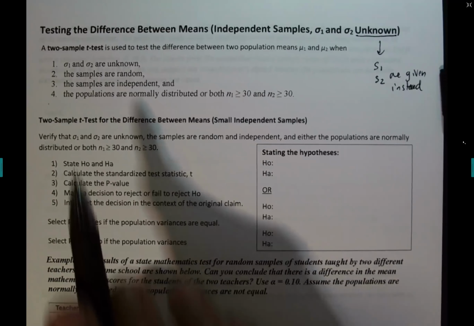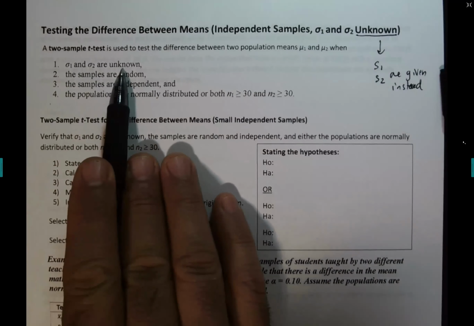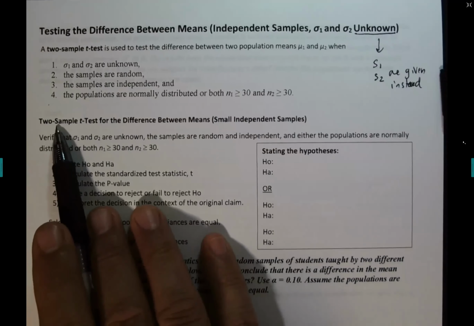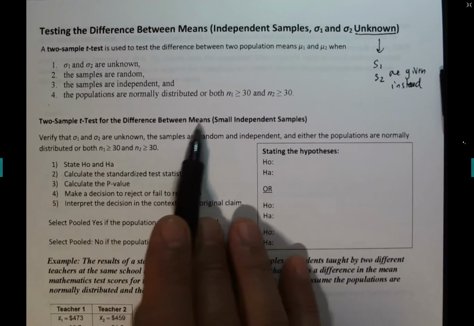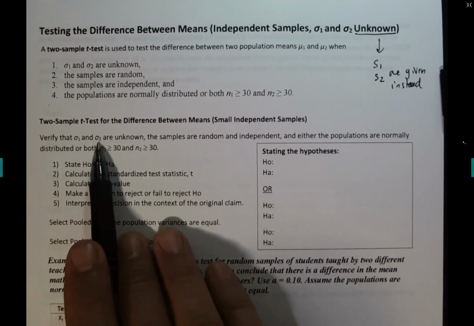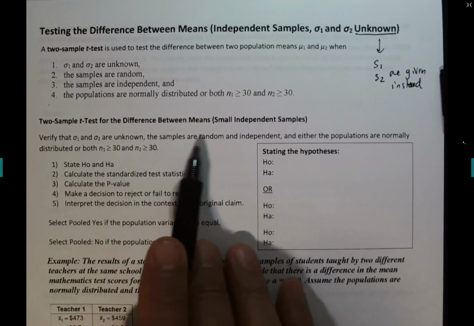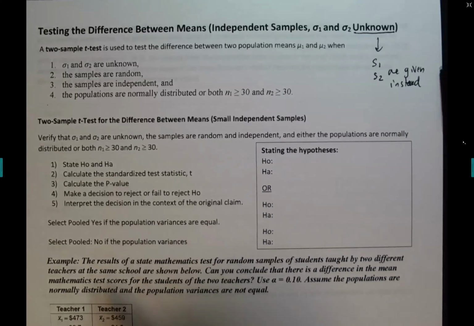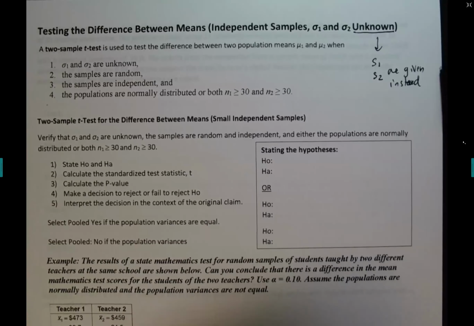The only thing is here sigma 1 and sigma 2 are unknown, whereas in the previous one, they're known. Verify that the samples are random, they are independent, and that the populations are normally distributed, or if not, make sure that you have a sample size of 30 on each.